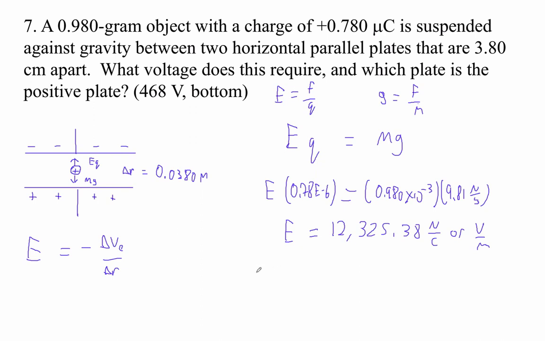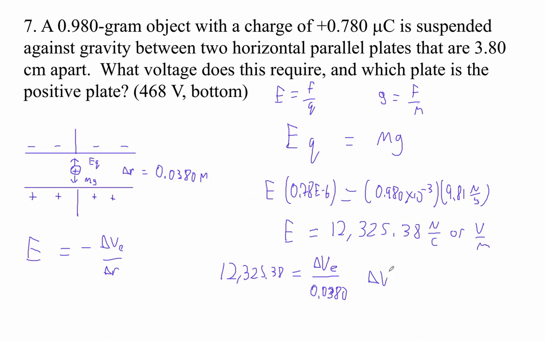So 12,325 is equal to the voltage, which we're trying to find, over 0.0380. So I just multiply that by 0.038, and I get 468.